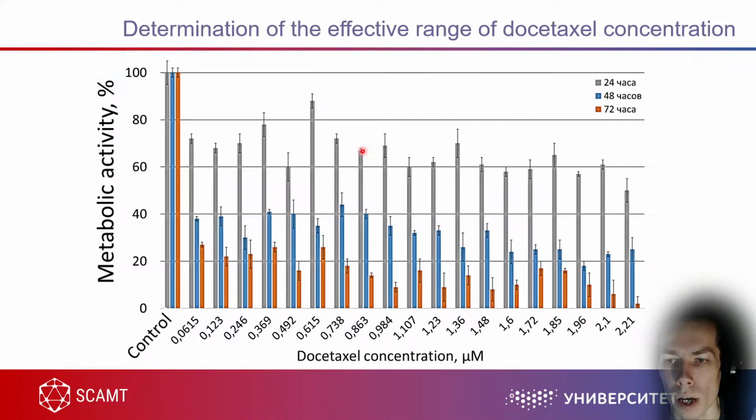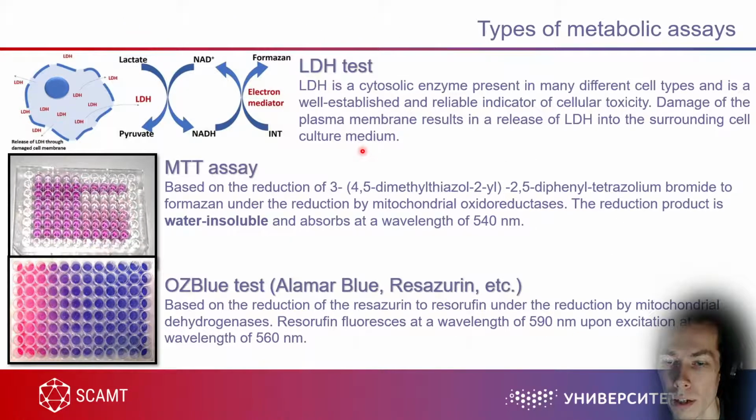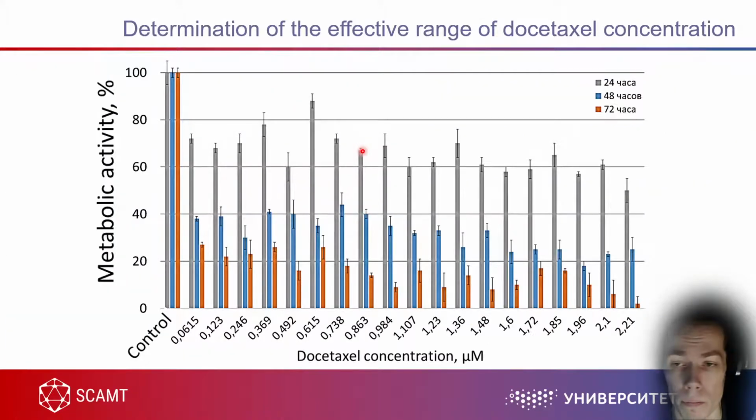And there can also be some misunderstandings when you're using some of these metabolic assays, some colorimetric assays, call them as you want, because just look at this picture, at this histogram.